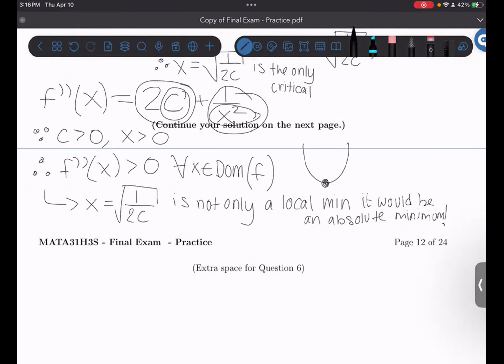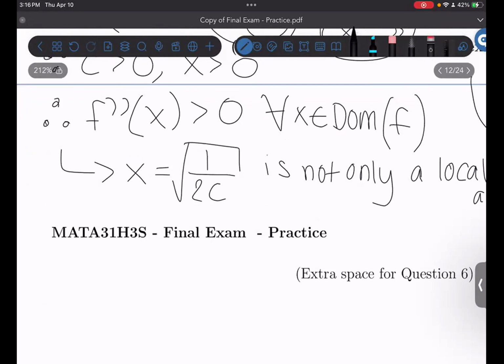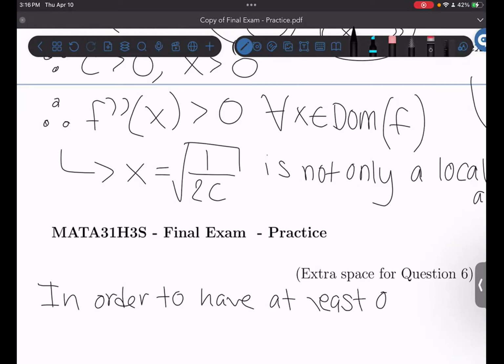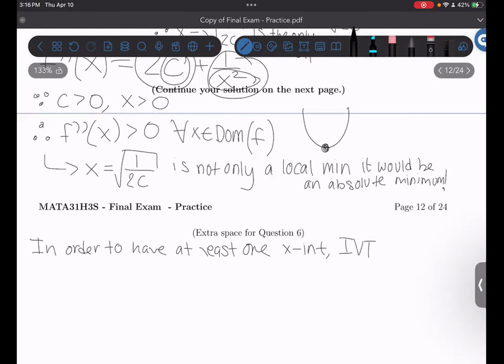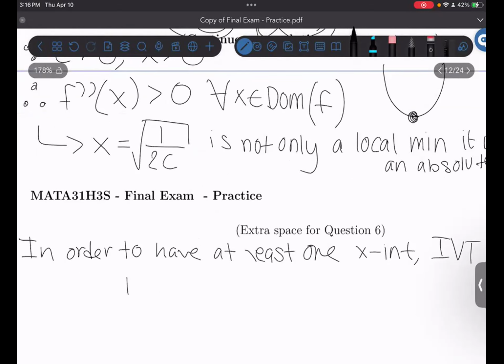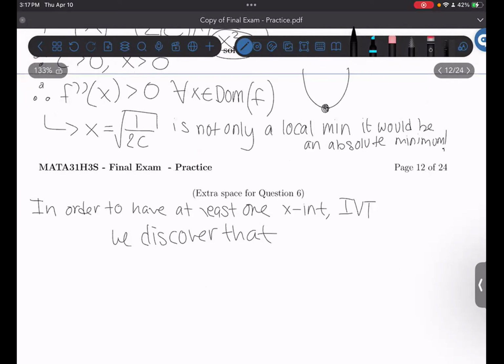Now, in order to have at least one x-intercept, we can use IVT, and we can discover that the minimum, right?